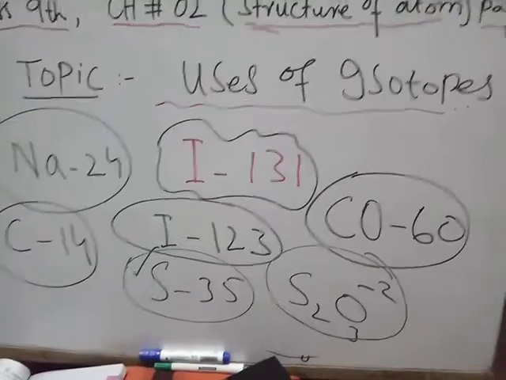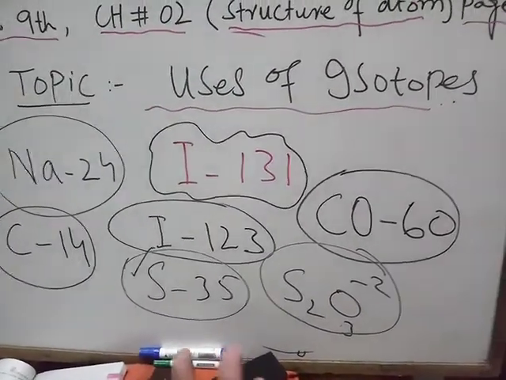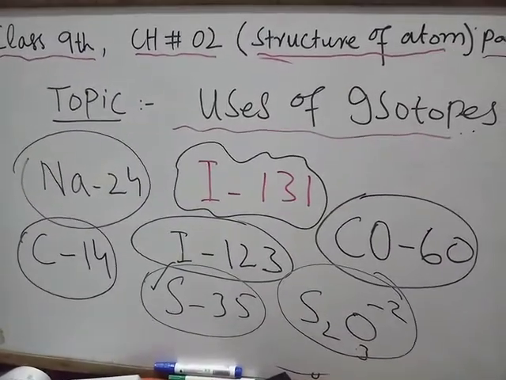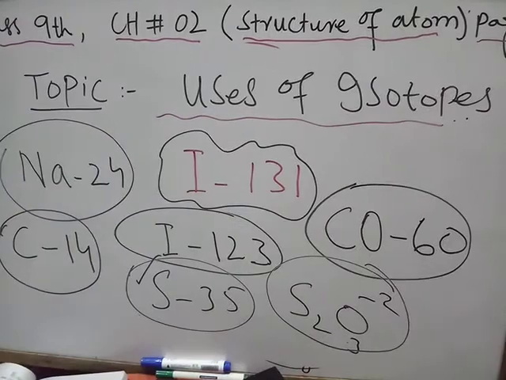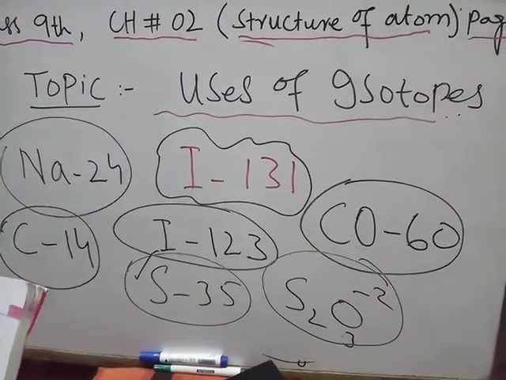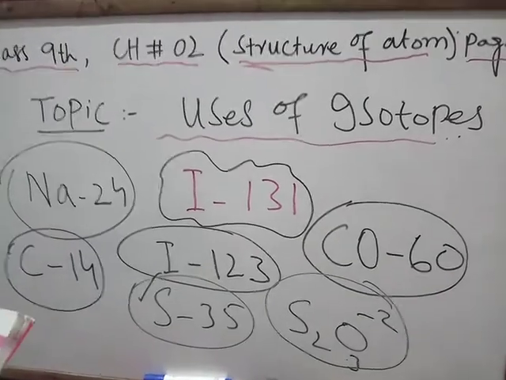So mechanism of a chemical reaction is just the detailed description of the steps involved during the conversion of reactants into products. So radioactive isotopes are also used to study the mechanism of chemical reactions.